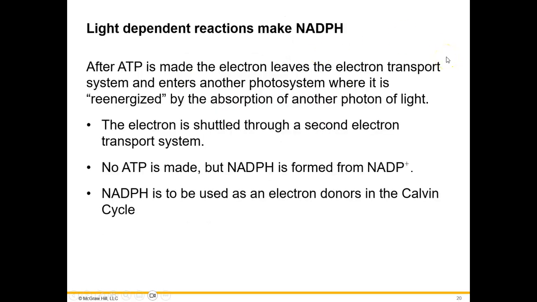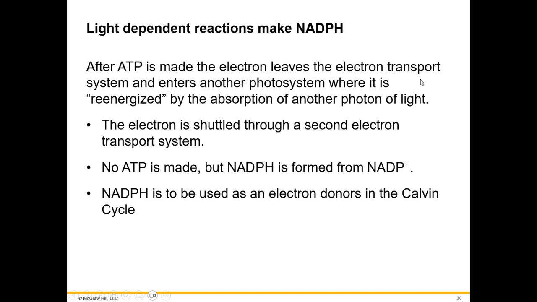So after ATP has been made, the electron is going to leave the electron transport system and enter another photosystem where it will be re-energized by the absorption of another photon of light. Our electron is shuttled through a second electron transport system at that time.